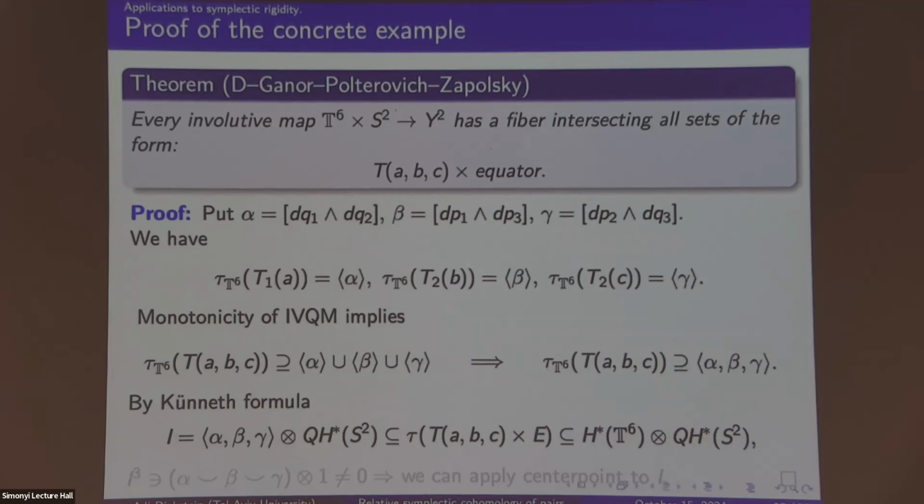If we denote it by I, the product of this ideal with the quantum cohomology of S2 is a subset of the measure of T ABC times an equator. Now we can apply the theorem for this I, since I cubed is not 0. And thus we get our theorem. Questions? Okay, great.